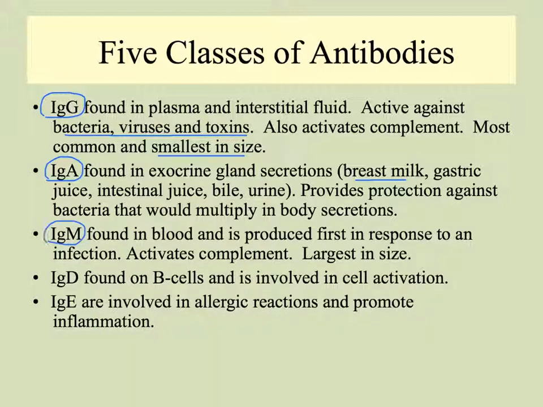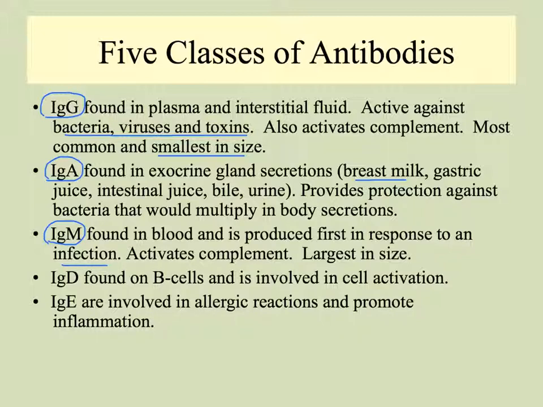IgM is the type of immunoglobulin that is involved in the blood cell reaction, the blood typing reaction. It also is the one that is produced first when you have an infection. Its production is ramped up first when your body senses that you are under attack.